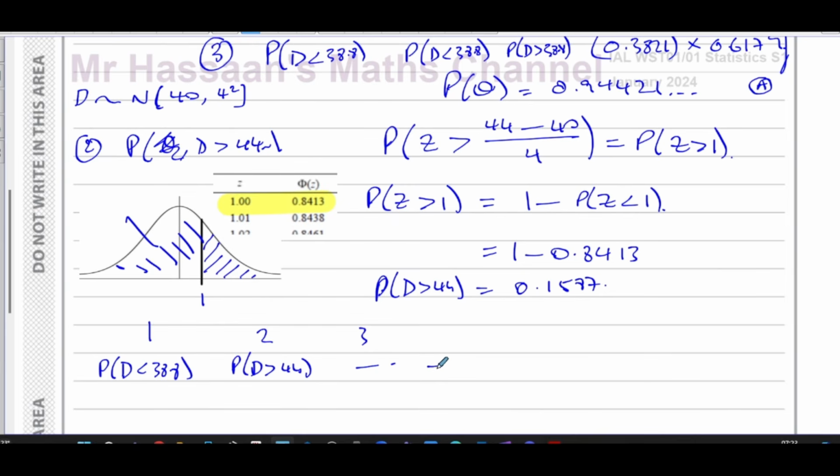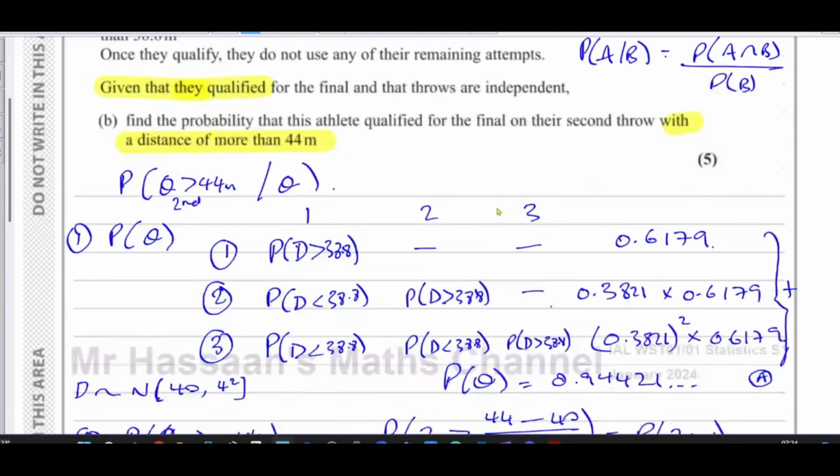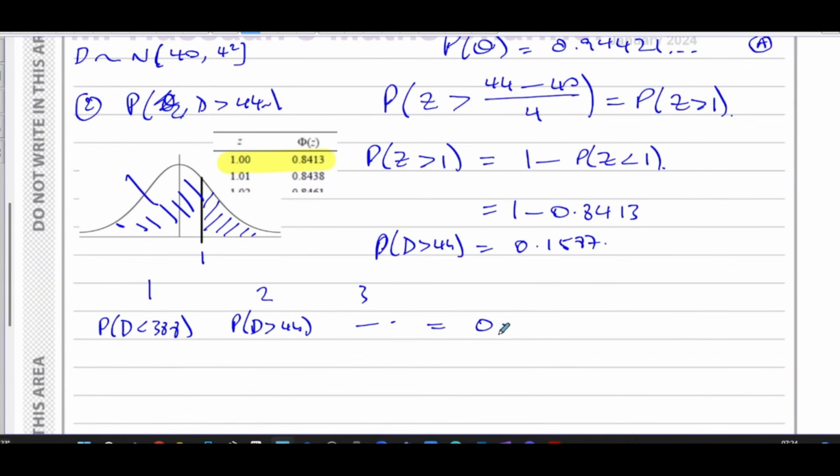So we have the first, which is 0.3821, multiplied by 0.1587. That's the probability that they qualify on the second throw with a throw of more than 44 meters.